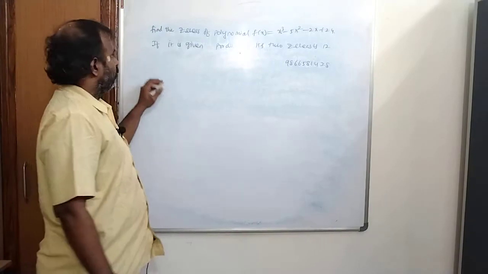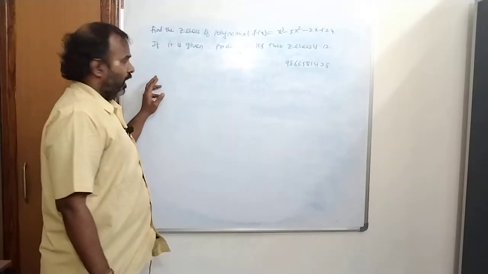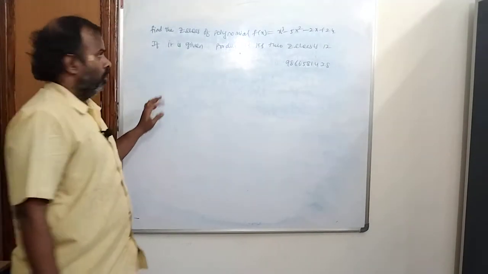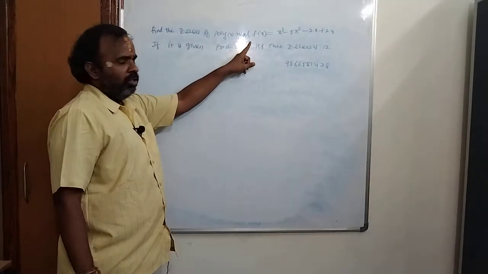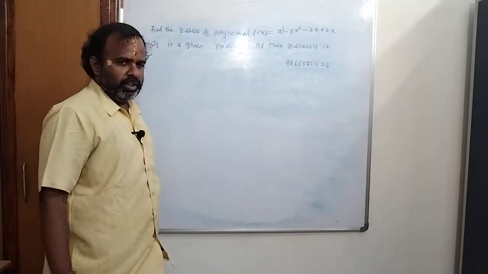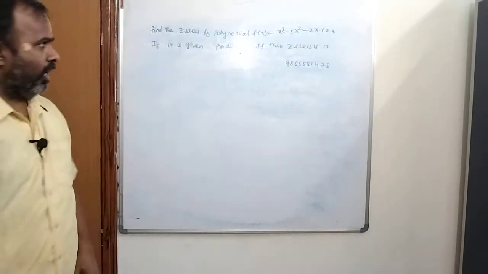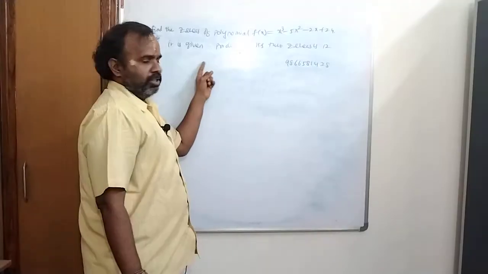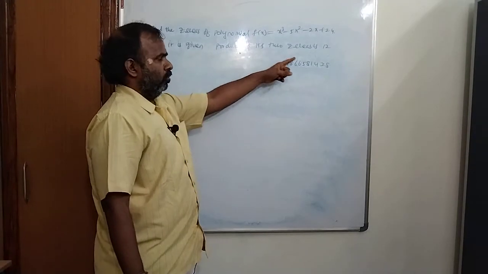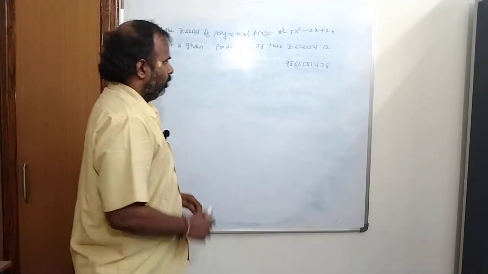Now see here, find the zeros of the polynomial f of x is equal to x cube minus 5x square minus 2x plus 24, if it is given that the product of its two zeros is 12.